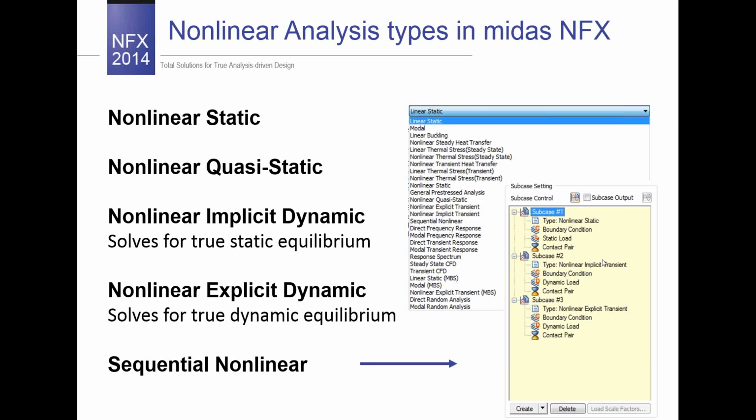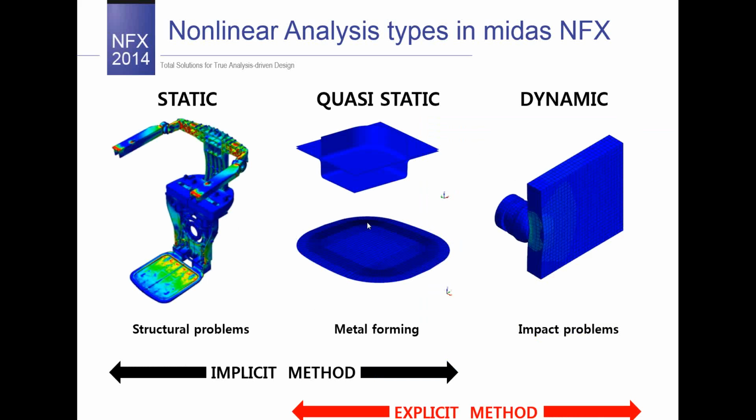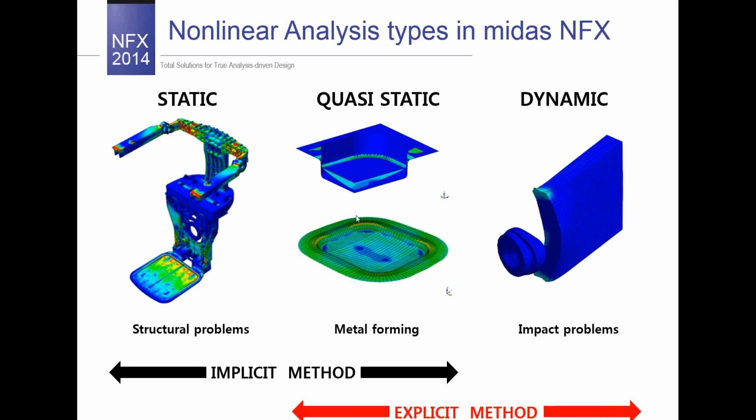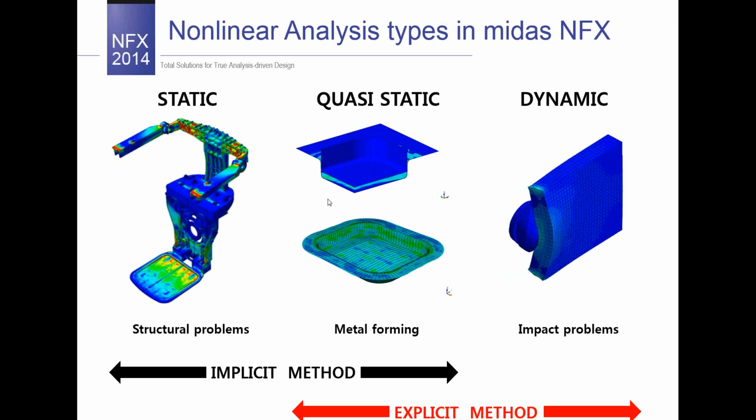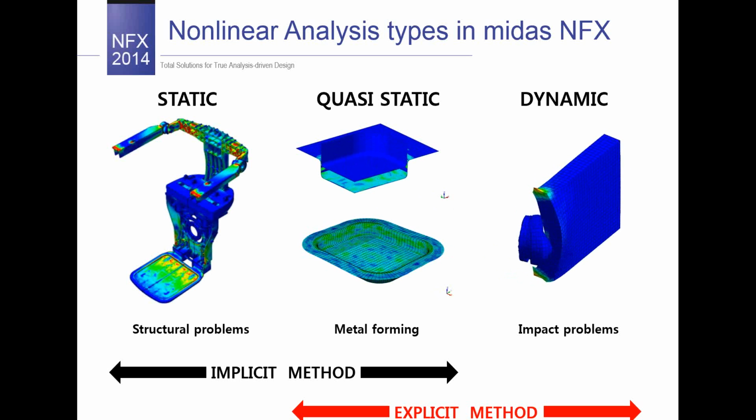So it's up to you and your case what will be the order in this analysis, and how you will make your process. So that's all about it. And on the next page we see some examples according to the nonlinear analysis in Midas NFX.